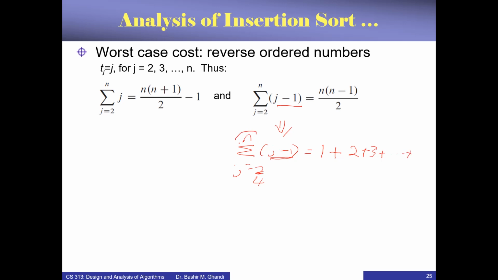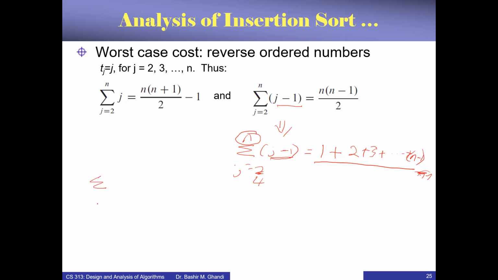What about when j is equal to n? j minus 1 will be n minus 1. So the last element is n minus 1. Now this is just the normal summation. The only difference is we didn't reach plus n. We stop at n minus 1. So just substitute n minus 1 in the formula and you get your answer.